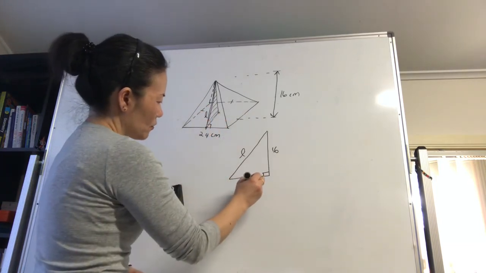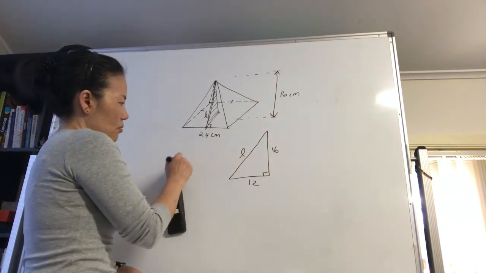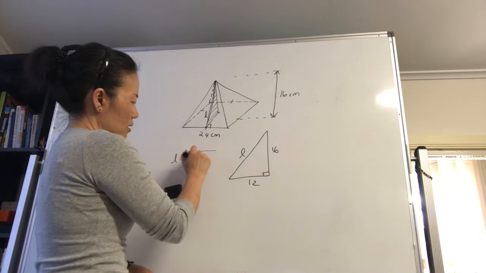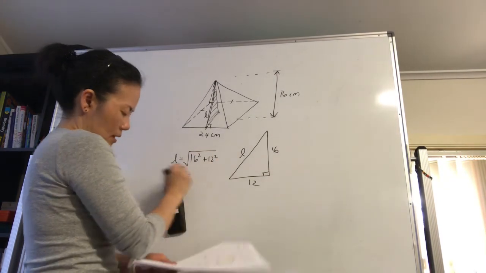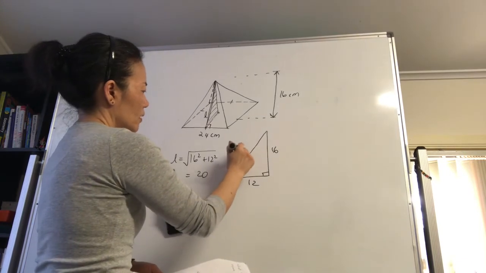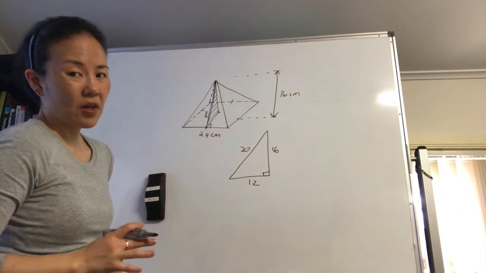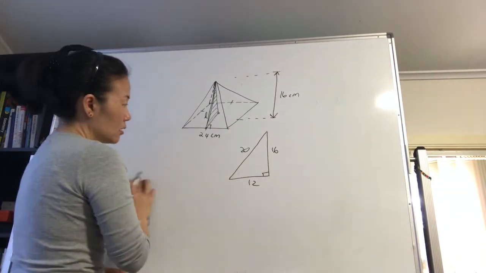So it'll be 12. Okay, so that's not too bad. Use Pythagoras. L equals, its hypotenuse, square root of 16 squared plus 12 squared. If you put that in your calculator, you get 20. So your slant height is 20.